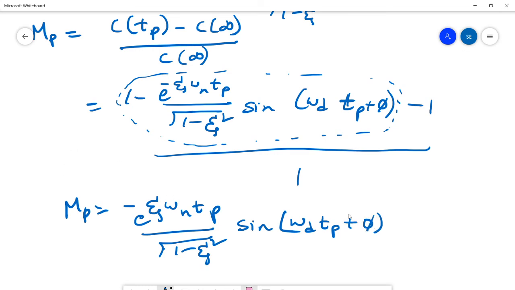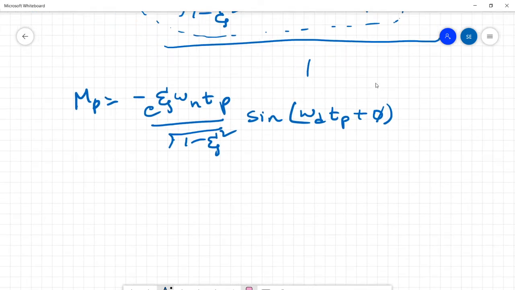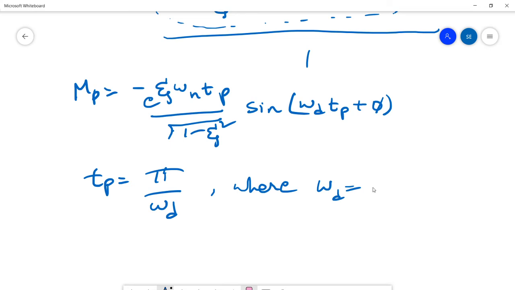Right, now what we have is Tp. In the previous expression, when we calculated Tp, what we got is Tp equal to pi by omega d. Just check the previous expressions where we got peak time as pi by omega d, where omega d is the damping frequency, that is omega n root of 1 minus zeta square.